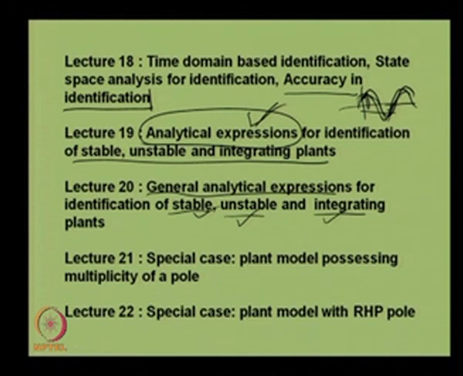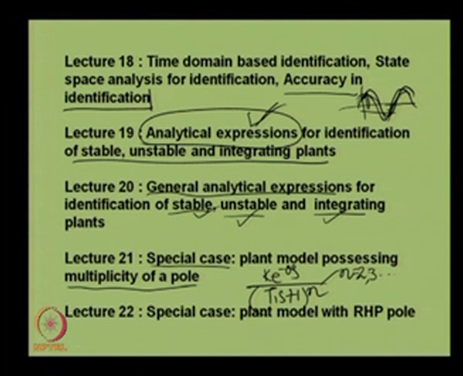Lecture 21 will be on special cases like a plant having multiplicity of a pole, which can be shown as k e to the power minus theta s over (T1 s plus 1) to the power n. This is known as a plant model having multiplicity of poles, where n can assume various values starting from 2, 3 onwards.